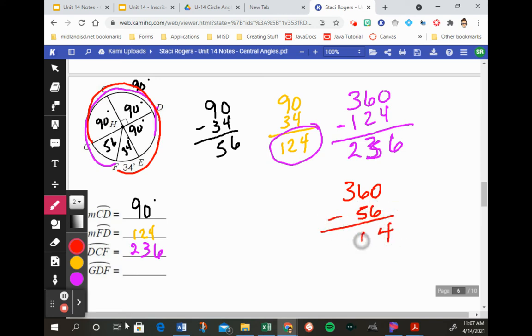So 304. Yeah. Okay. Pretty easy? Should be. All we're doing is subtracting, a little bit of adding.